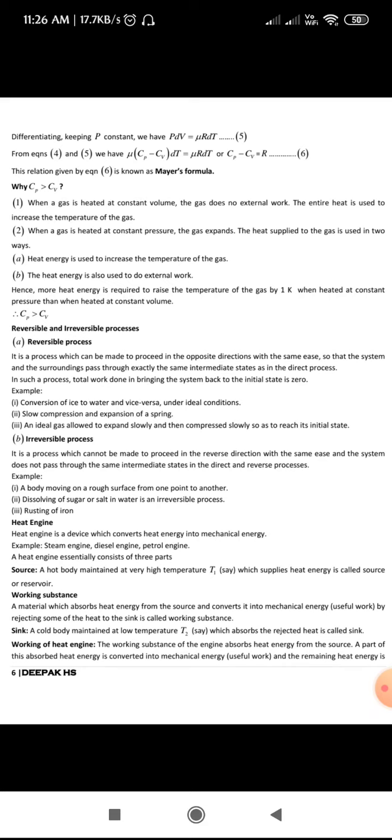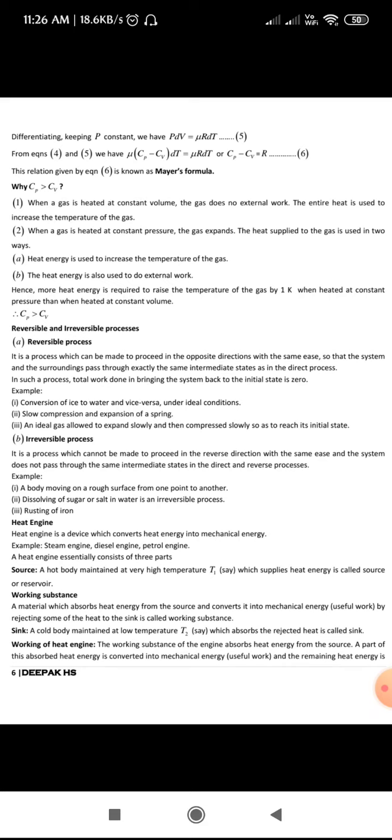After some point you bring the system back to its initial state, but the same intermediate states you went through will not be followed. Hence we say that the process which cannot be brought back to its initial state under the same intermediate states is called the irreversible process.